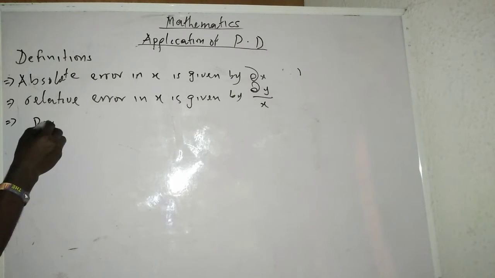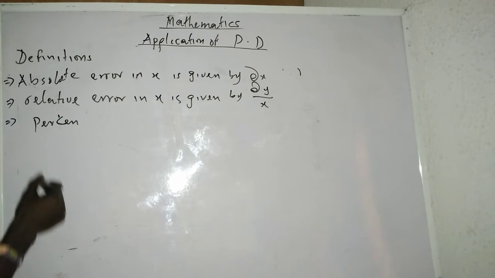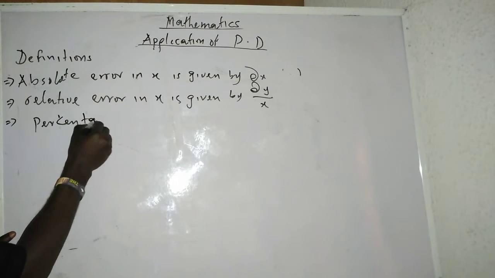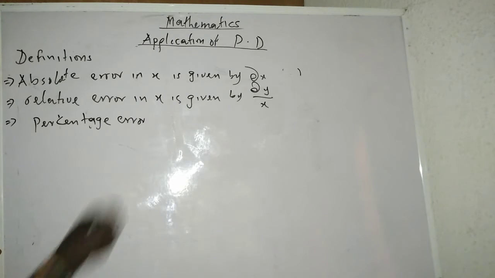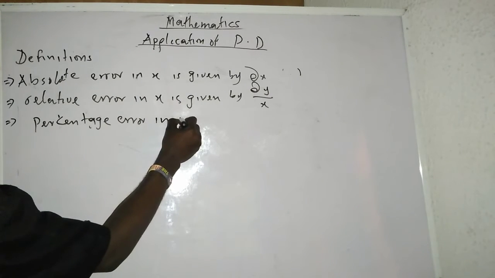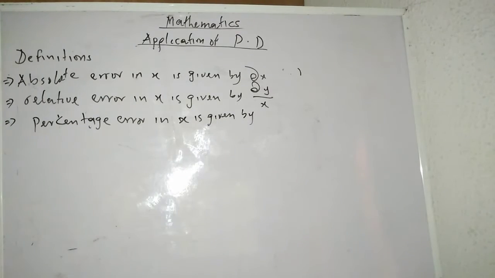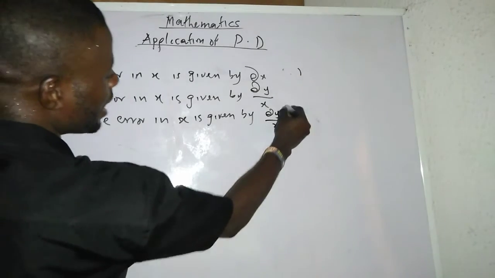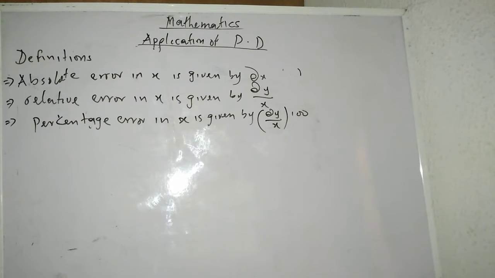Percentage error in x is given by delta x all over x times 100. These are very, very important.